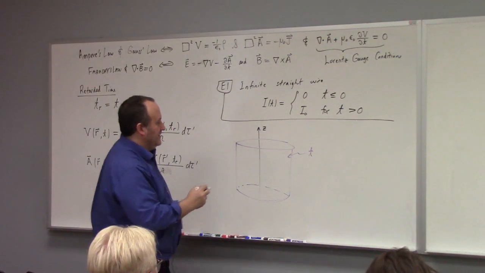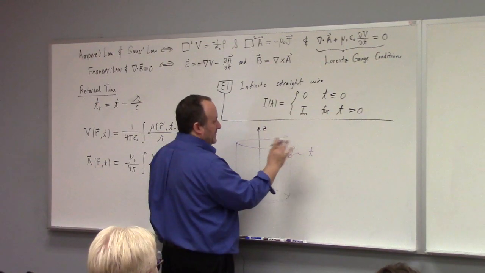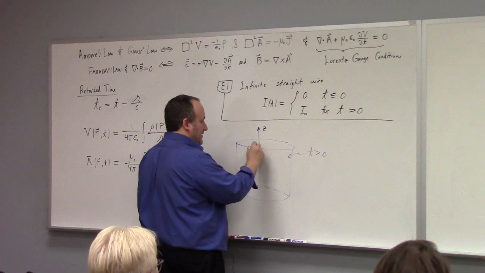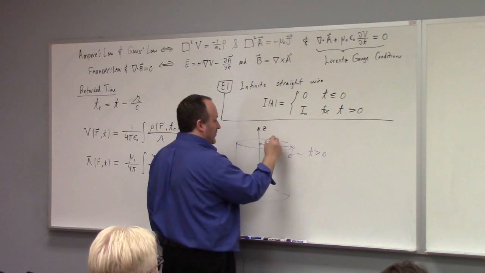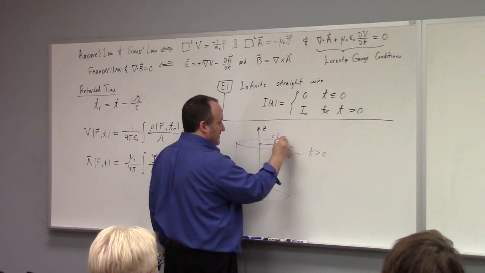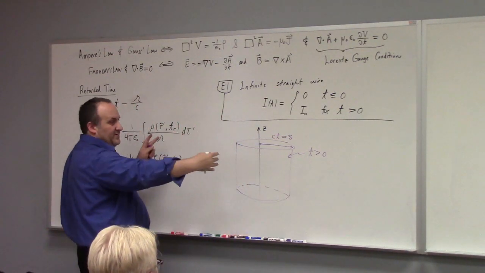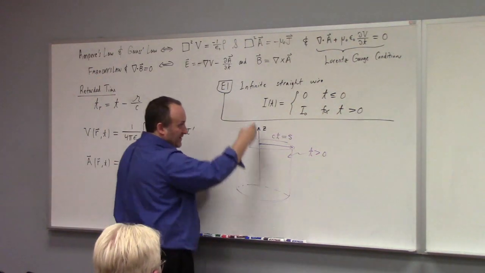If we're at t positive, this distance out here would be ct. S equals ct. That's how far the information about the current goes, the current goes along here, is what I'm saying.